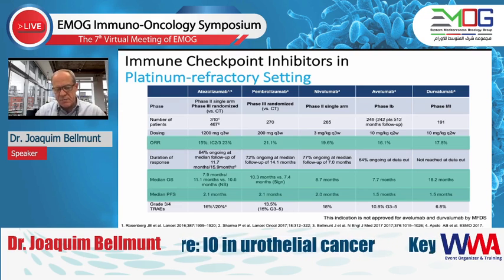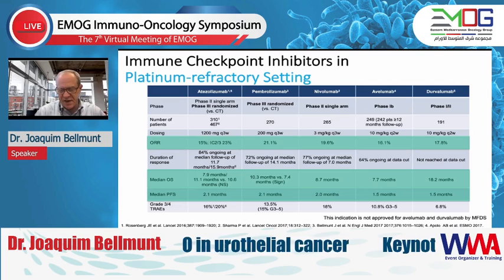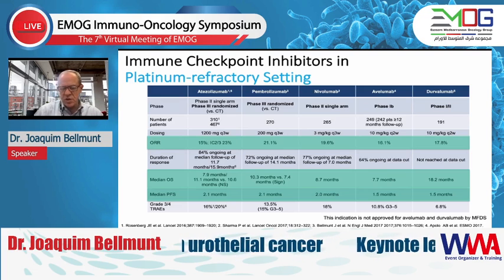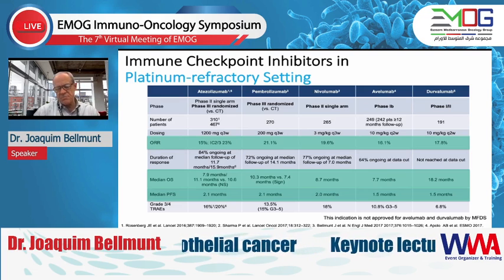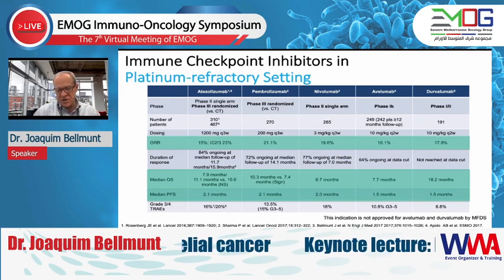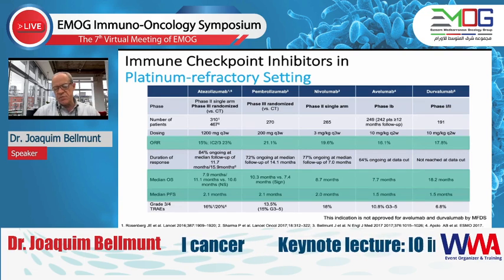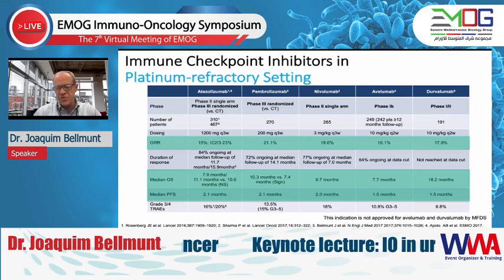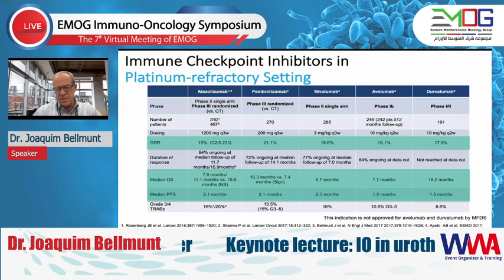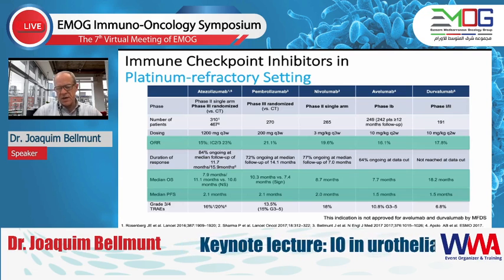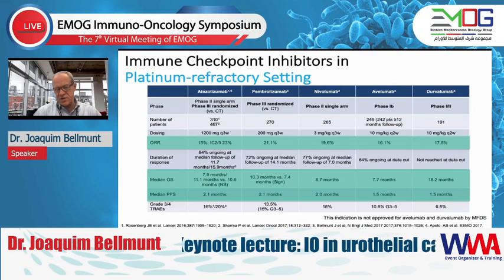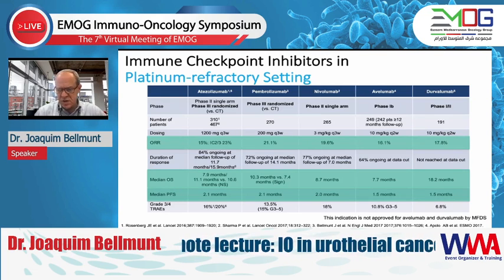Also, based on these trials in second line, third line, and beyond, the median survival was not what we saw in the chemotherapy trials like vinflunine, 7 months. We saw some improvement in survival, and this led to the approval of these agents even before having results of phase 3, at least here in the US, and some of them are still being used worldwide.